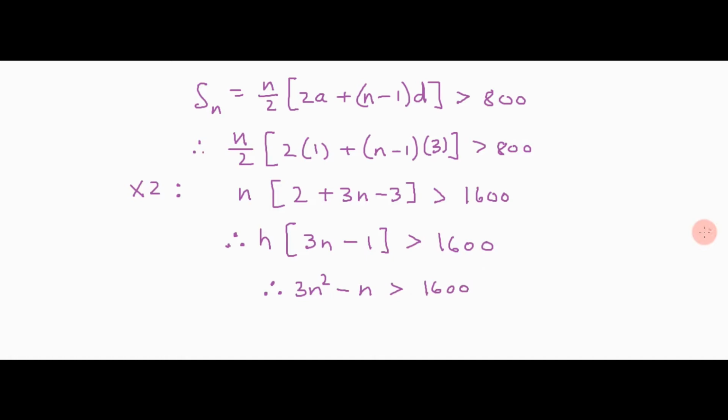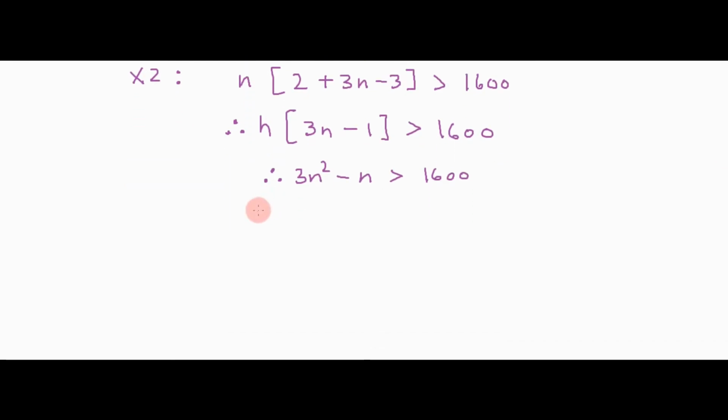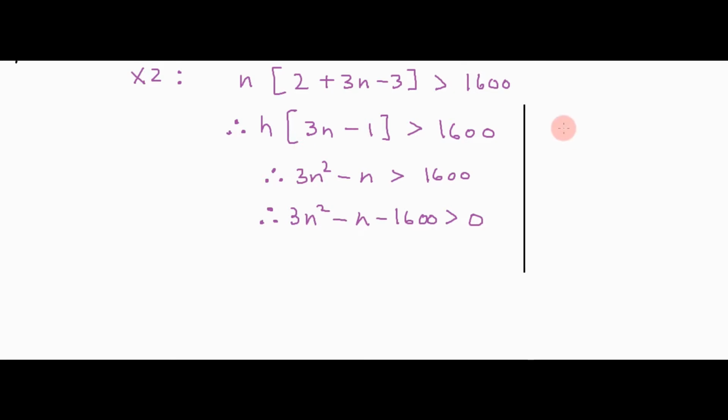We can now bring the 1600 also to the left hand side, and we end up with a quadratic inequality which we need to solve. So we have to solve for n in this inequality. We can first solve it as an equation using the quadratic formula on the side.